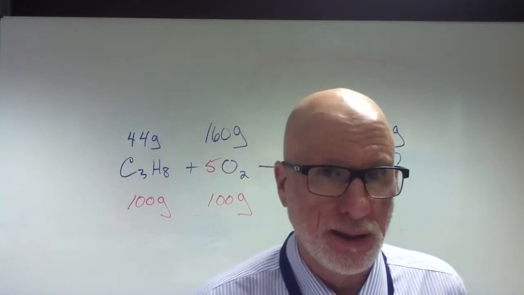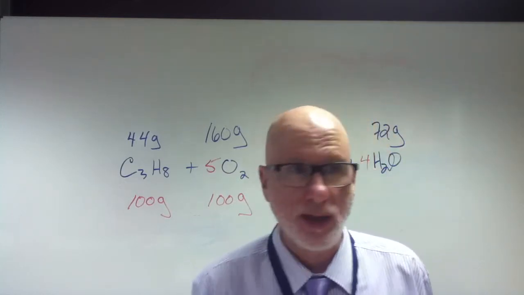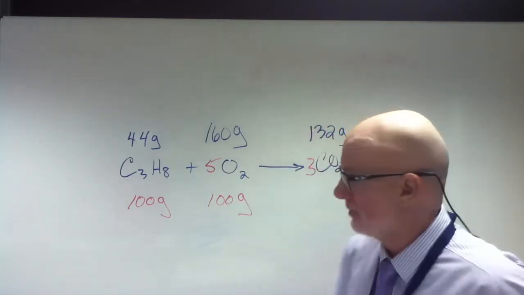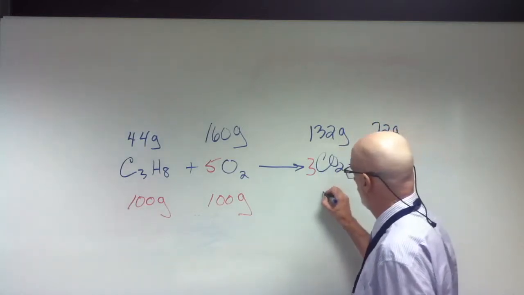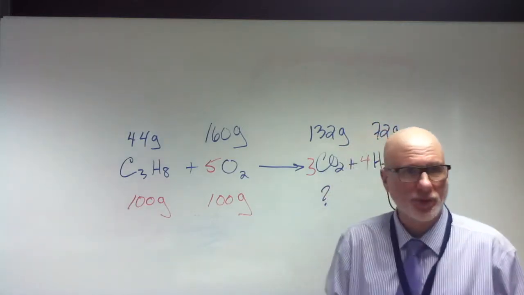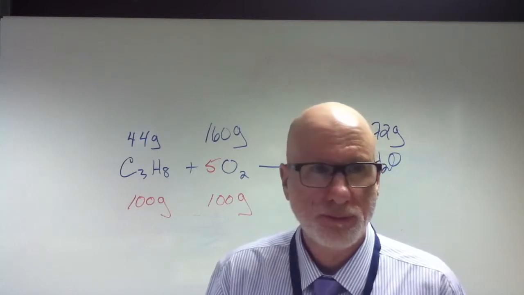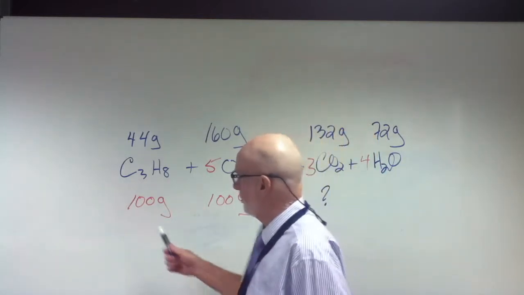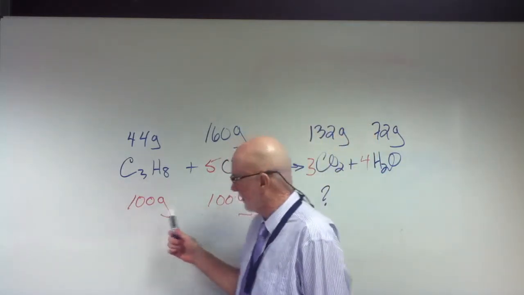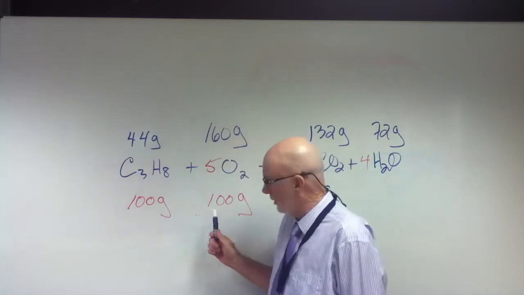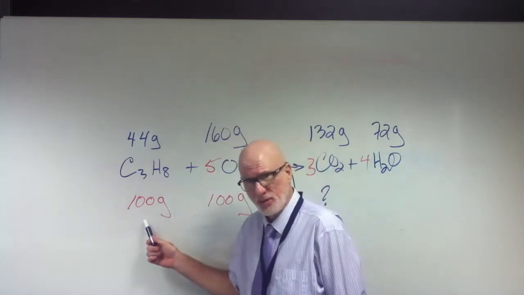Which one is going to limit the amount of carbon dioxide produced? In other words, am I going to use all of this and have some of this left over? Am I going to use all of this and have some of this left over?